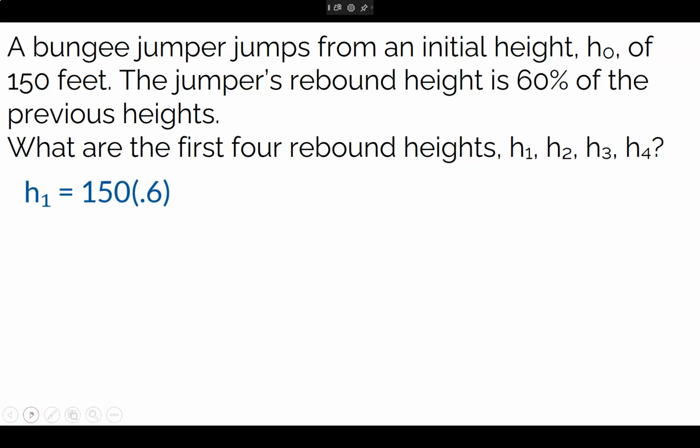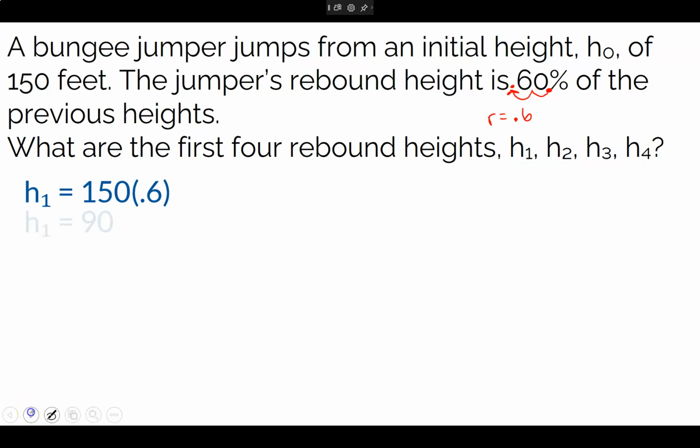So that's technically correct, all in one step. To find 60% of a value, we take that value and multiply it by 0.6. Remember our percentages, move our decimals back twice to change it into a rate of 0.6. So what is 150 times 0.6?